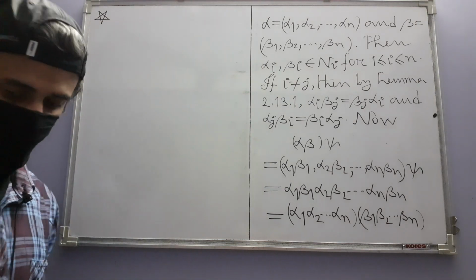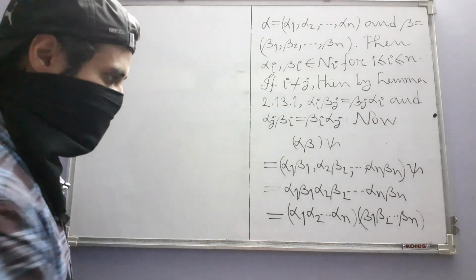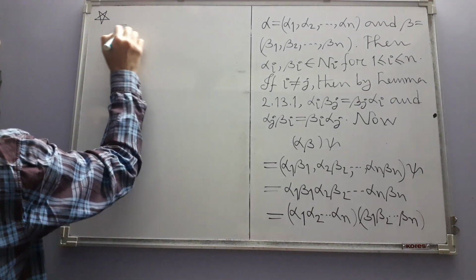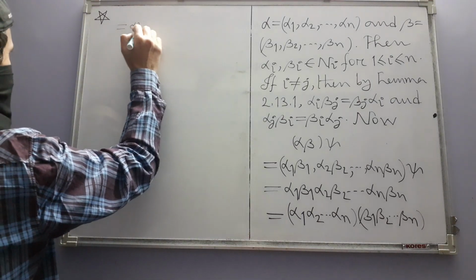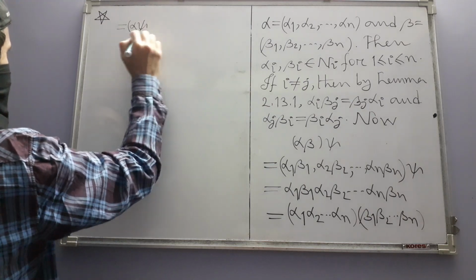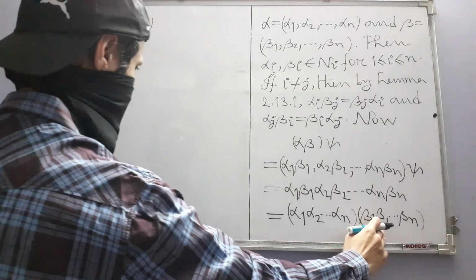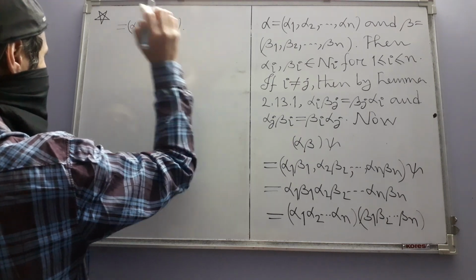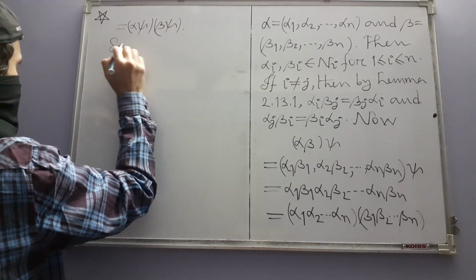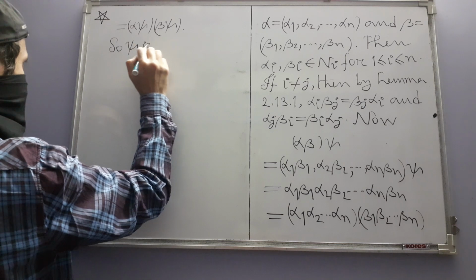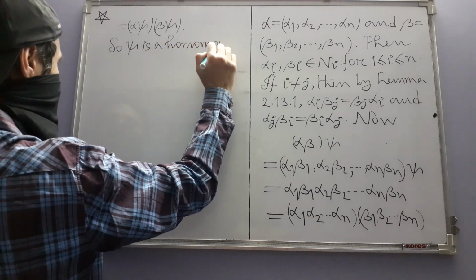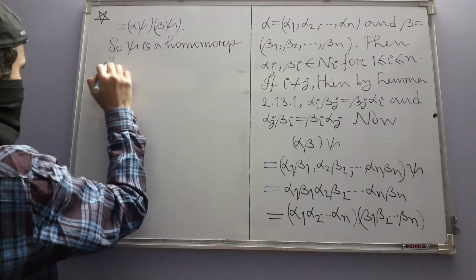So the first part of this product within the parenthesis is nothing but the psi image of alpha, and the second part is the psi image of beta. So psi is a homomorphism.